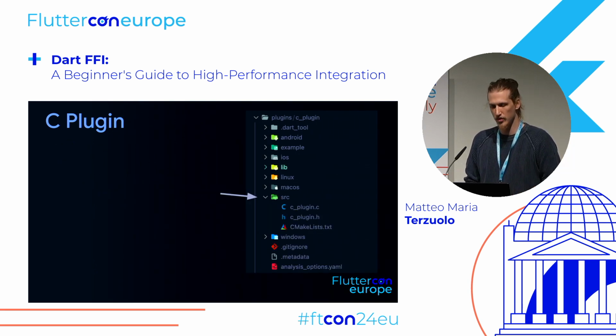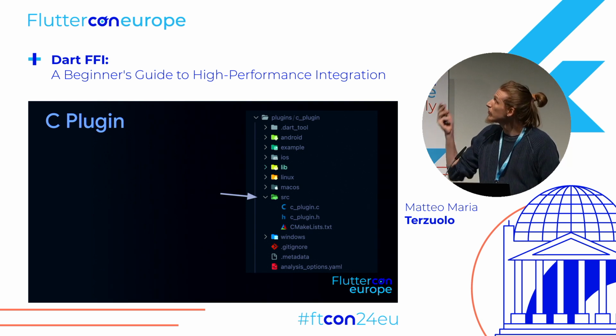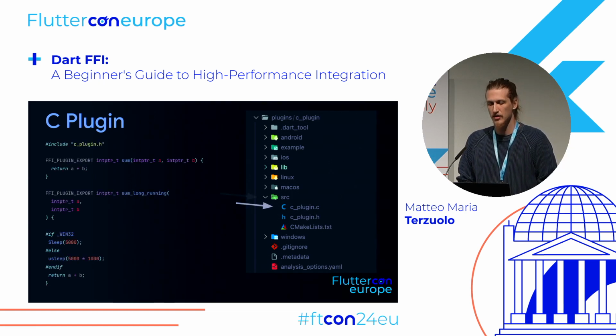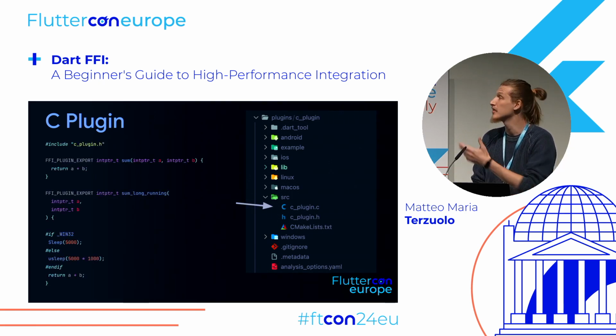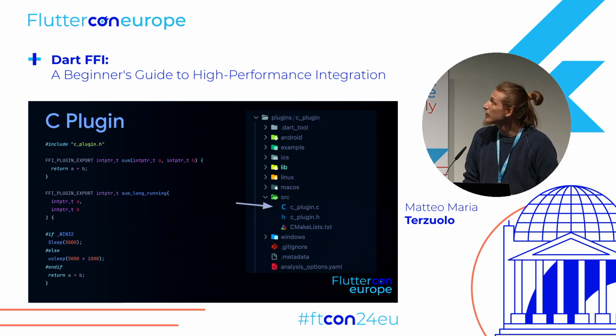So what do we see inside the generated plugin? There are a lot of directories, and the one that we're looking at now is src. We have three files. The C file that is generated, just an example, with a sum function, and another sum function that presents a sleep.